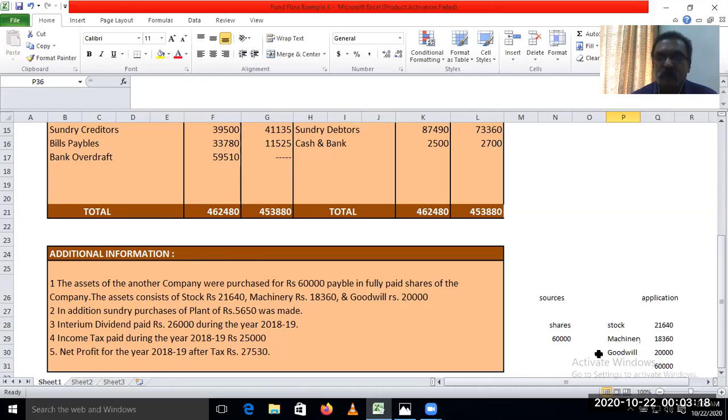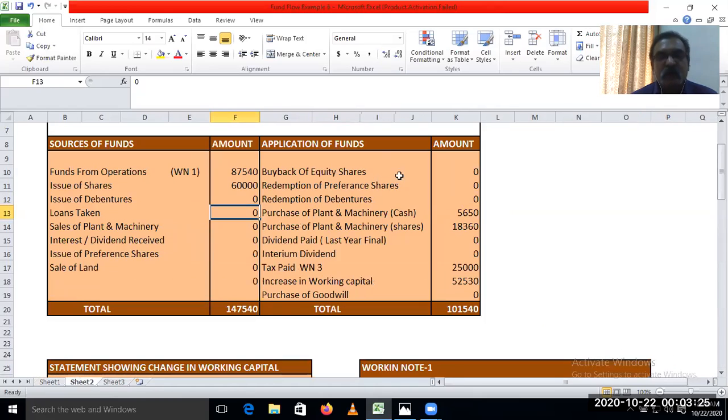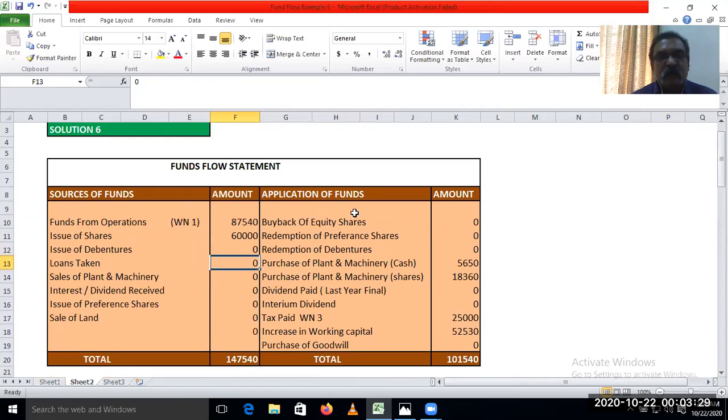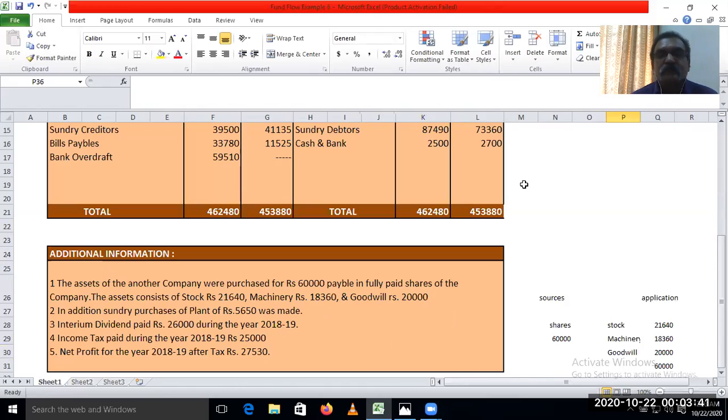So this is the purchase of goodwill, and purchase of goodwill is part of application of funds. So application of funds, check out the last item, purchase of goodwill by rupees 20,000. Purchase of goodwill 20,000. Next.